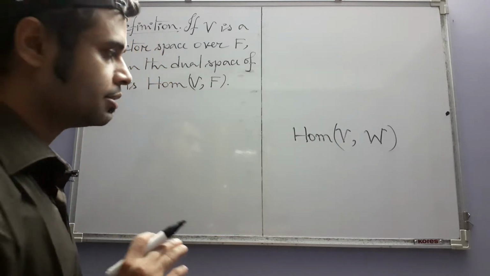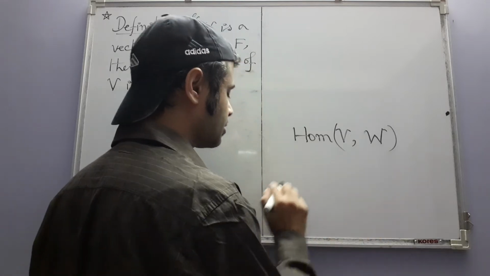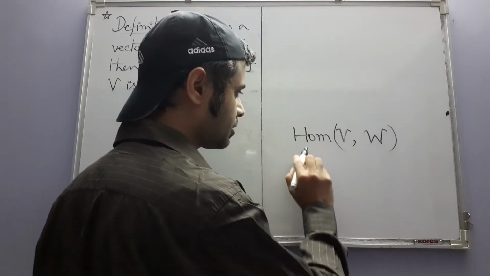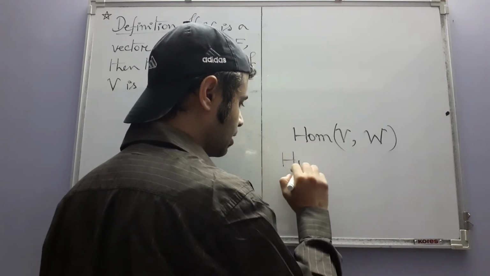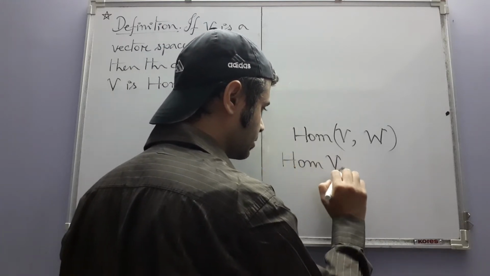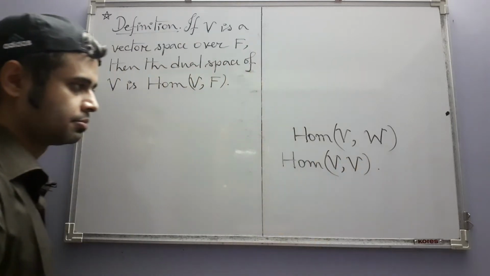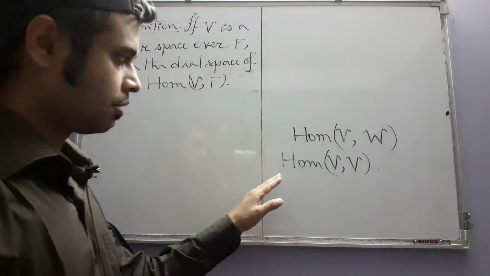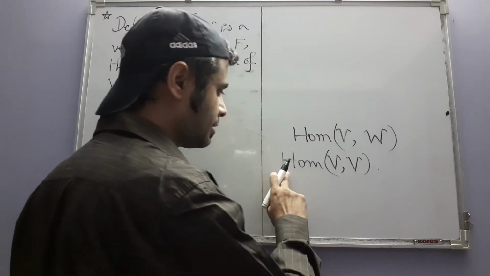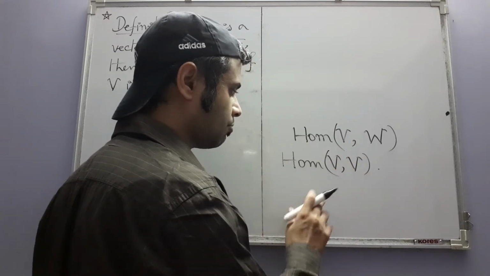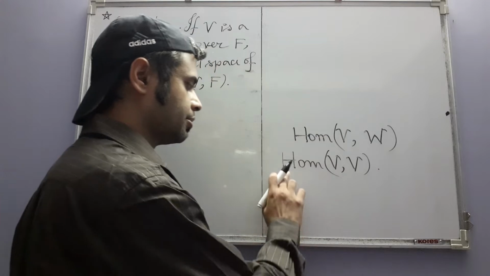We have already seen these things, and towards the end of that discussion we mentioned two special cases of this. One of them is of course this, where the two spaces involved are the same. When we mentioned this, we said that besides the vector space structure, one can define a kind of multiplication on this set.